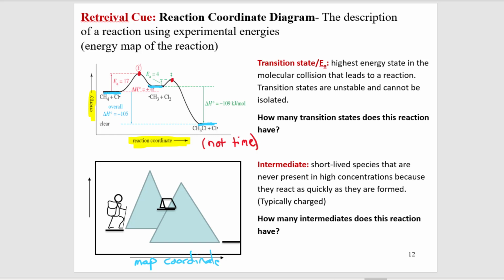It's showing the starting point, the finish point, and some stop in the middle, okay? And these are the hills that have to be climbed, right? So these high points are called transition states. And there are 2 high points. So how many transition states does the reaction for the chlorination of methane have? Well, according to the energy diagram, there are 2 transition states.